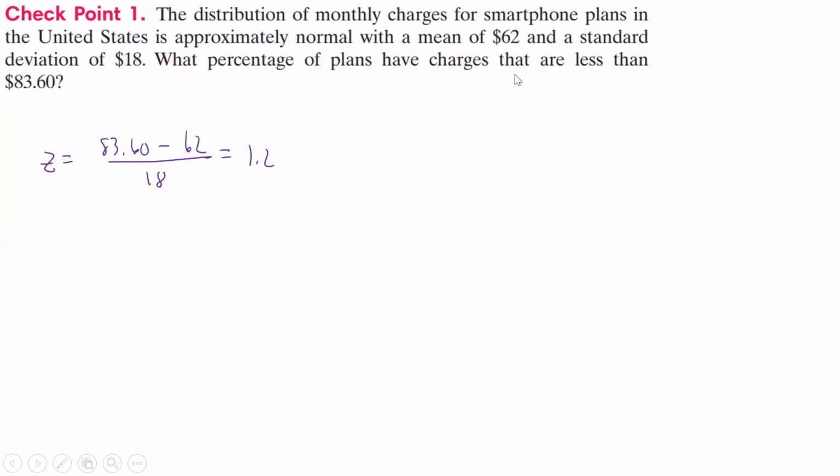So that means 88.49% are going to be less than $83.60. That's going to be the percentage that are less than that amount. So that's how we can use our z-score to figure out the percent less. All right, let's stop there and we'll come back for some more.